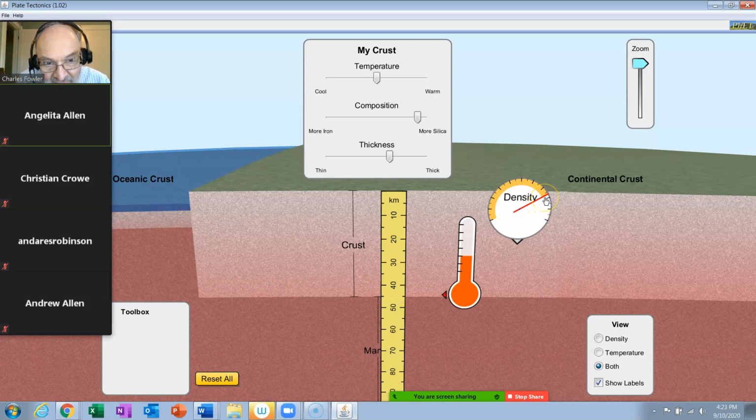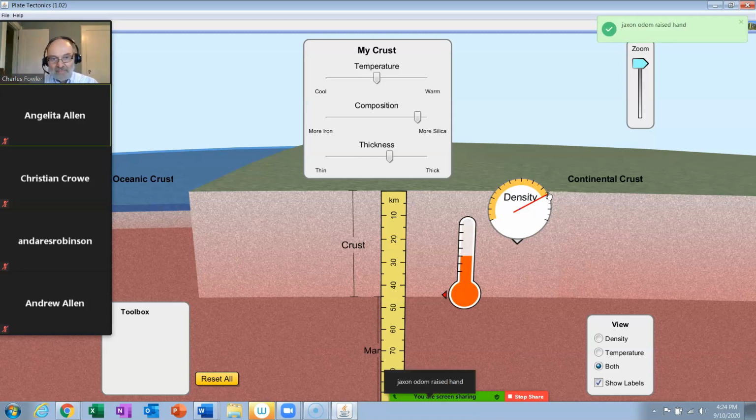Density. It's just a relative number. 7.7. You okay with that? See, I was calling this 1, 2, 3, 4, 5, 6, 7. That would be 7.5. Let's just call that 7.6, 7.7. It's just a relative number.